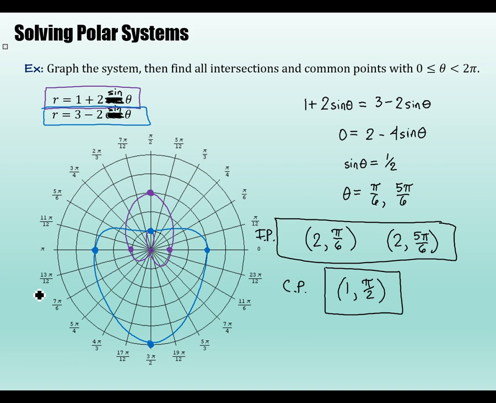And if you plug pi over 2 into the second equation, the blue, what do you get? All right, we'll leave it a mystery. No one knows. But they might not be the same thing, right?